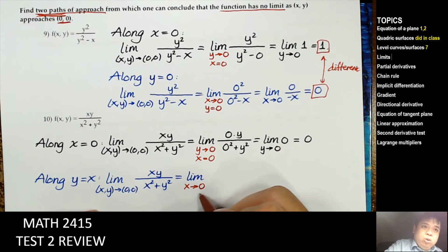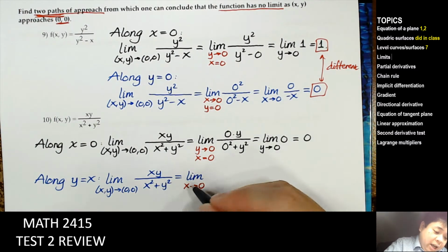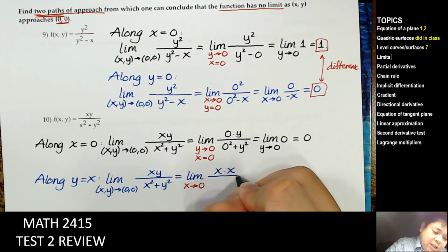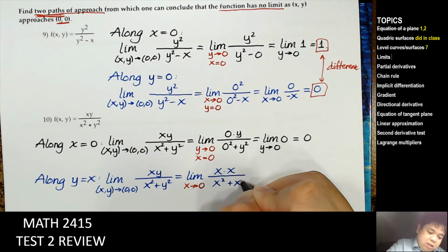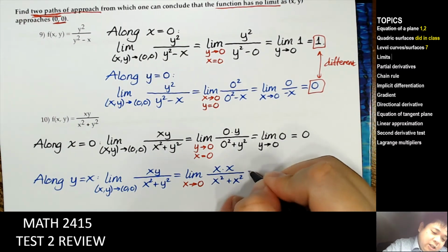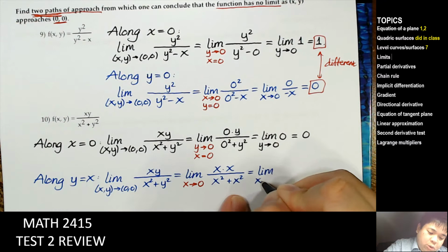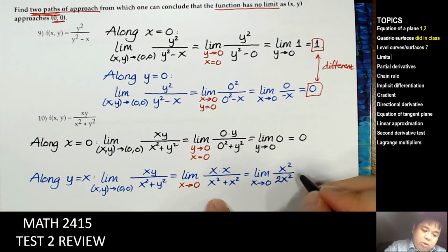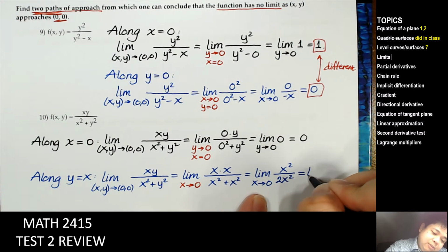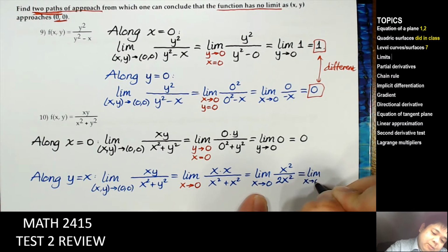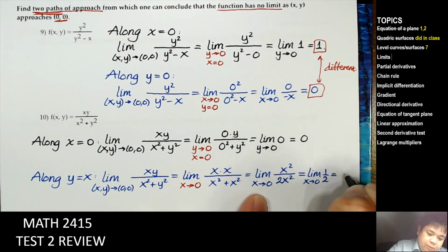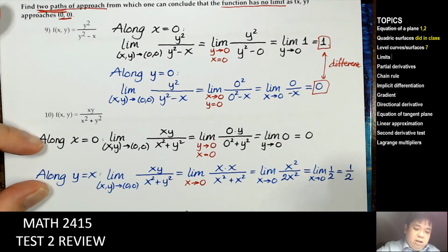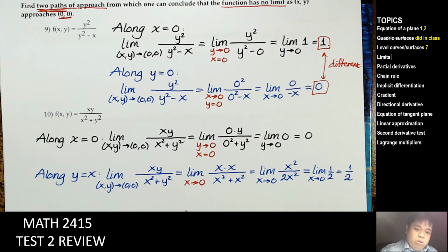Now with y equal to x, we have x squared plus x squared, and simplifying, we have the limit as x goes to 0 of x squared over 2x squared, which is 1/2. Now we have along two different paths the limits are different, and that's what we need to show.